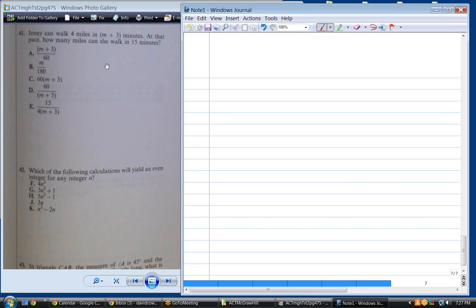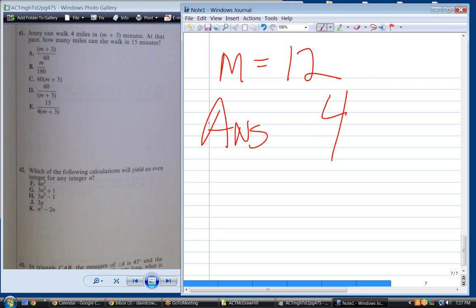12. Wouldn't that be special? What happens if I pick m for 12? What is the answer? How many miles can she walk in 15 minutes? So hold on. When m is 12, our answer has to be 4. Right? Because they're saying she could walk 4 miles in 15 minutes if I let m equal 12.